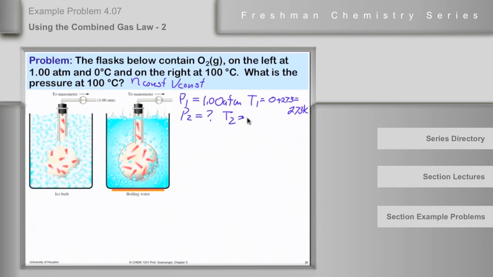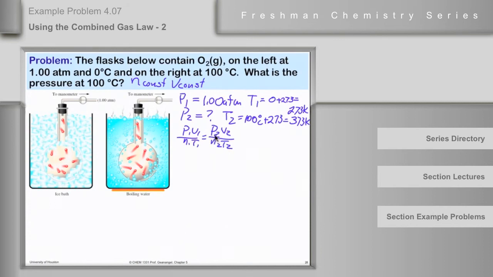T2, we do know. 100 degrees Celsius plus 273 equals 373 kelvins for T2. So, if we do the usual thing, P1 V1 over N1 T1 equals P2 V2 over N2 T2.